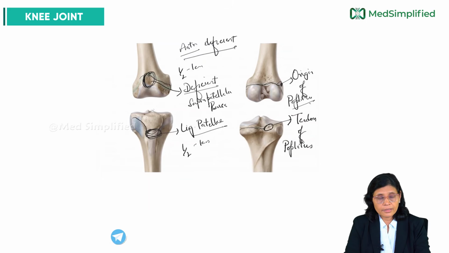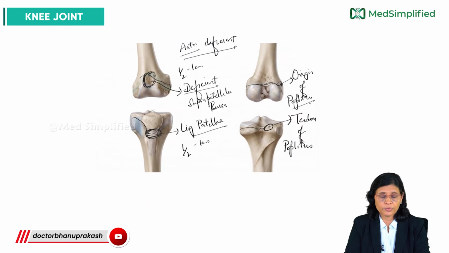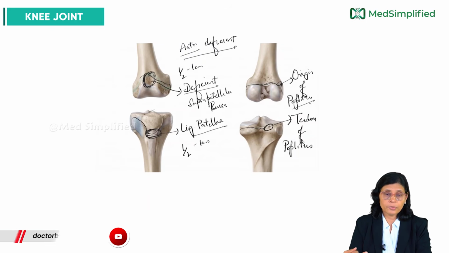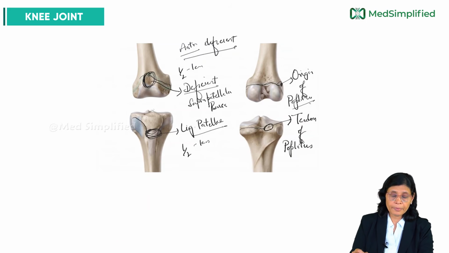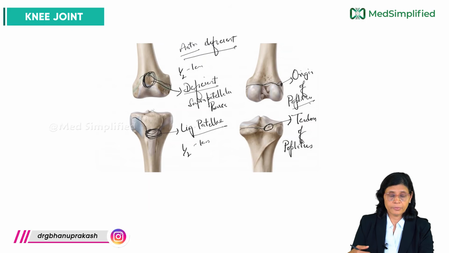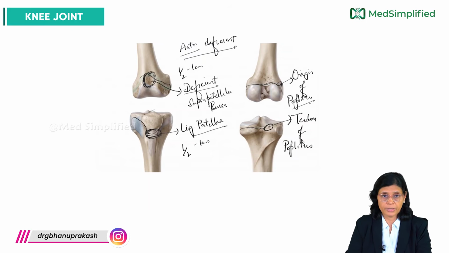It also encloses the origin of popliteus laterally, you should know that. And below in the tibia, it is deficient near the tibial tuberosity, where we have the attachment of the ligamentum patellae, and posteriorly it shows a small gap laterally for the passage of the tendon of popliteus.